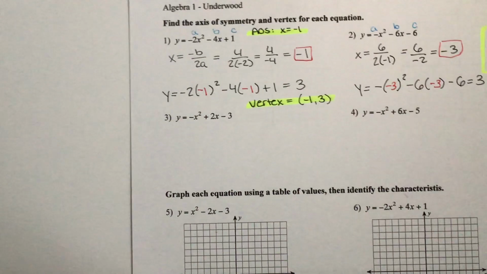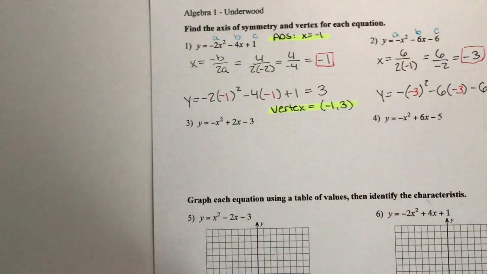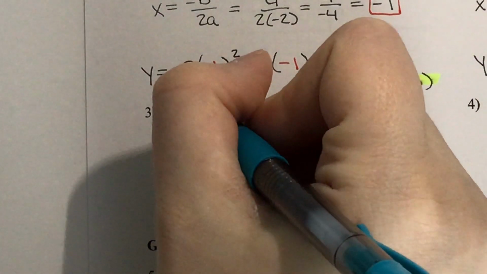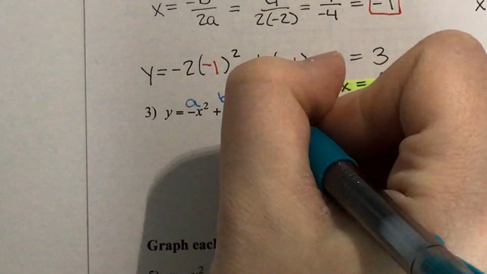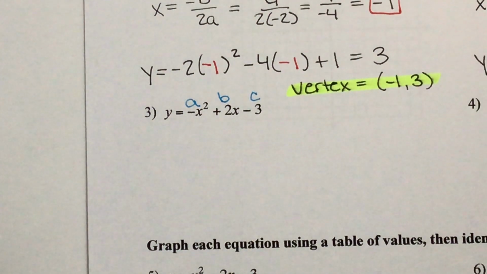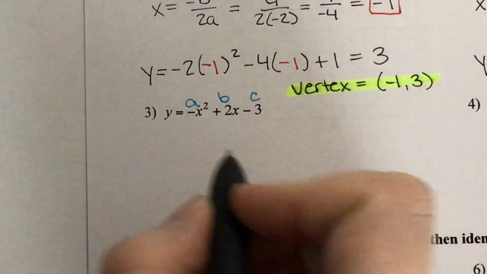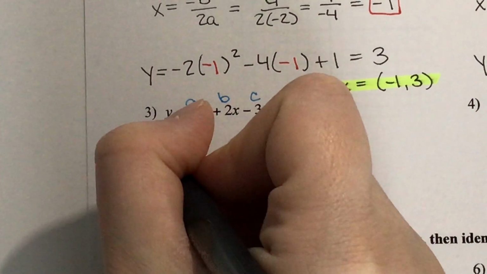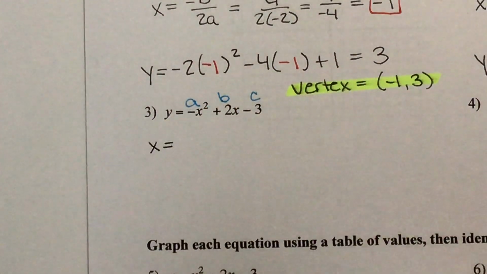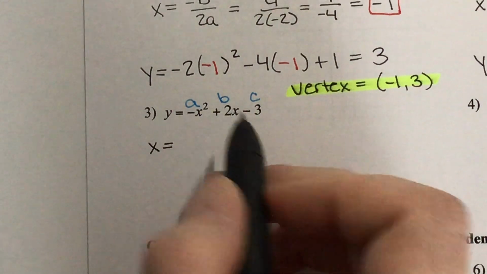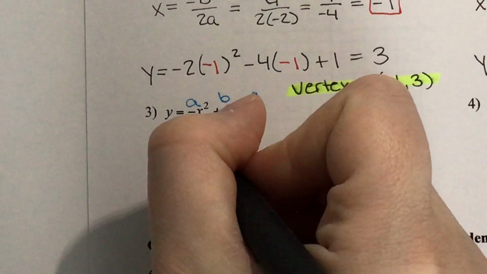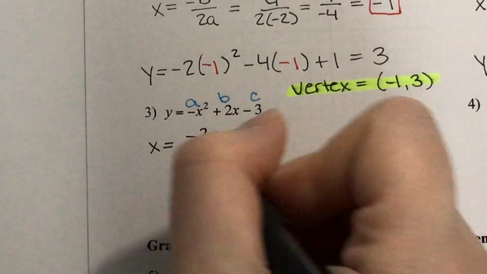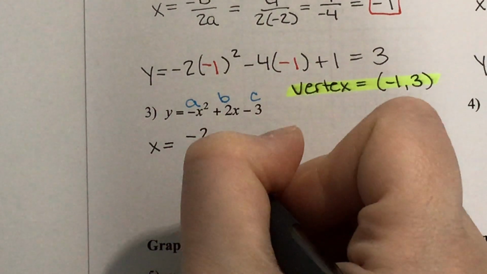All right. Number 3, again, labeling A, B, and C. Let me zoom back in for you. A is -1, B is 2, C is -3. So we're going to find our axis of symmetry first. So x equals -b. This time b is positive, so making it -b, -2, all over 2a, which is -1.